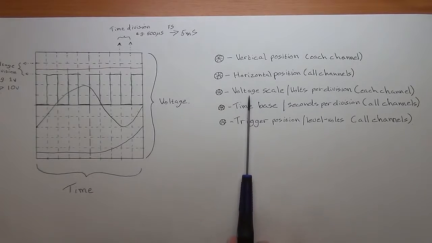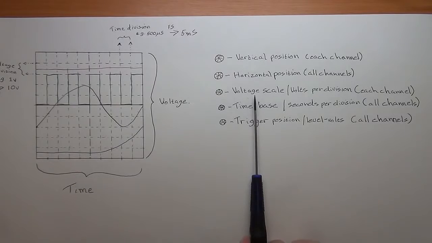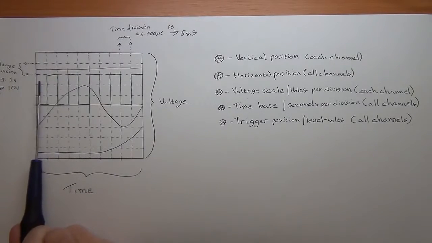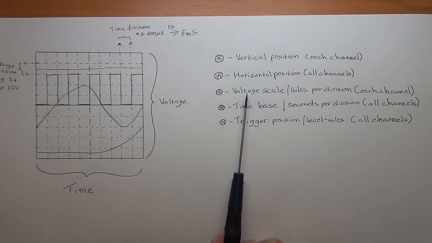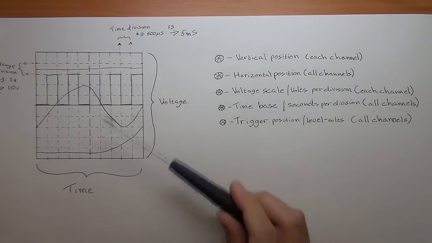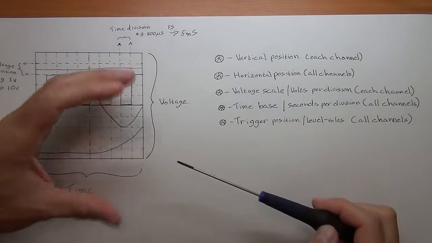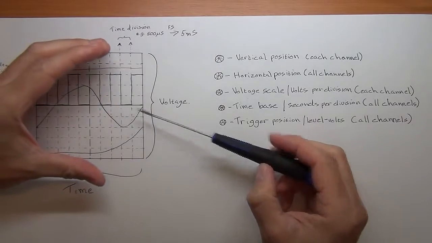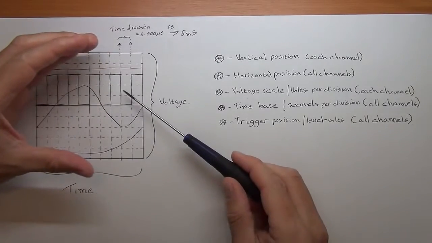The next thing then is the voltage scale, and this is where it gets more interesting. This is where I mentioned you can adjust your volts per division. So each one of these squares, you turn that knob and you can adjust that scale. And in essence what that does, it's like a zoom feature. So it's allowing you a closer view of a particular part of the signal.